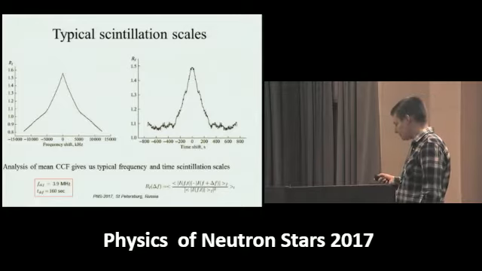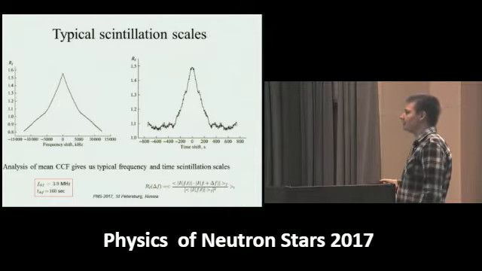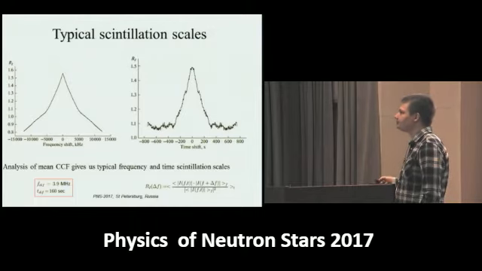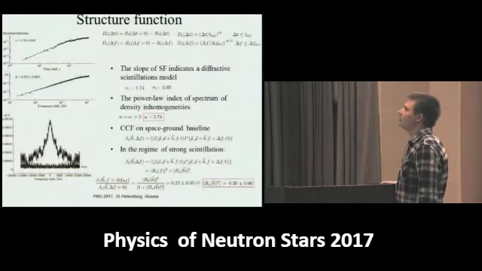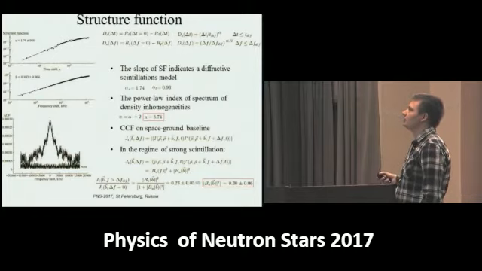We used the same analysis of the covariance function. We found the frequency and time scales of scintillation, and from the shape of the structure function we can find the power-law index of the spectrum of inhomogeneities, which is near Kolmogorov.